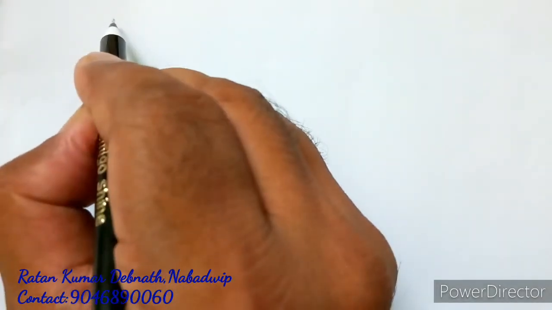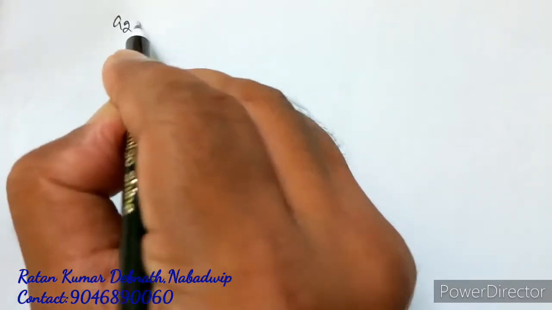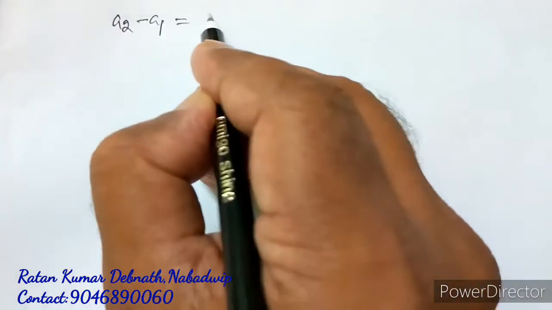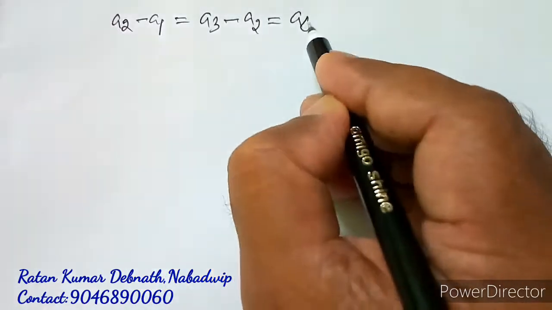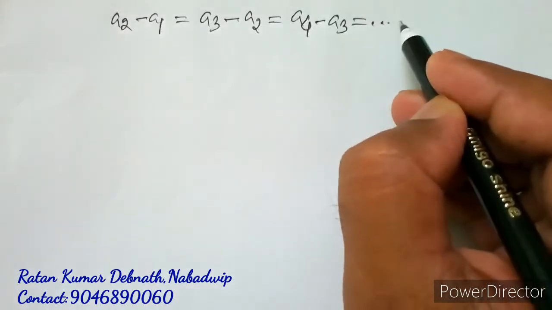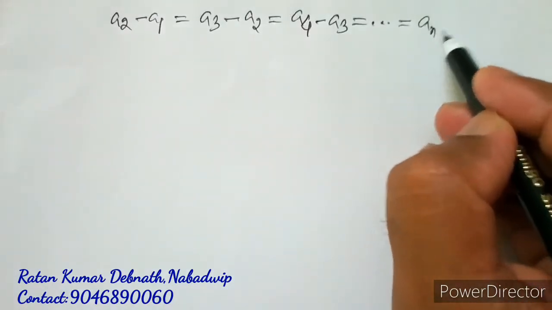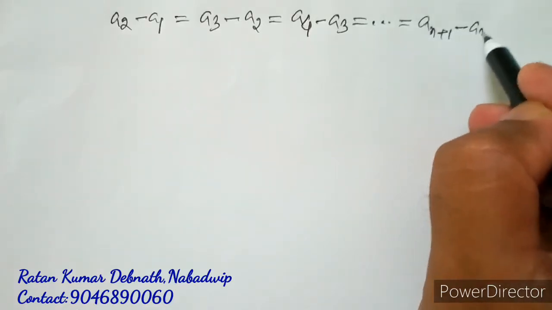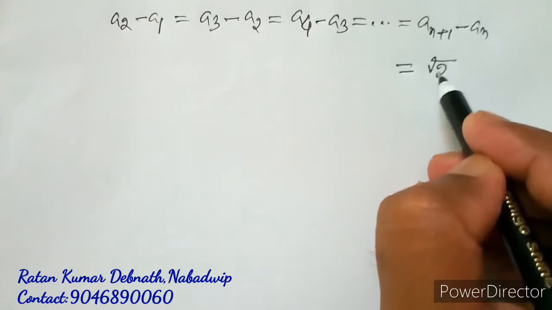So in that case, a2 minus a1 equal to a3 minus a2 equal to a4 minus a3 equal to dot dot dot equal to an plus 1 minus an equal to root 2.